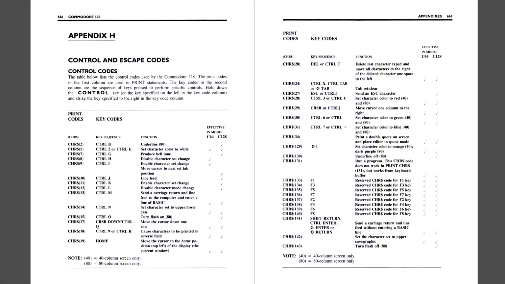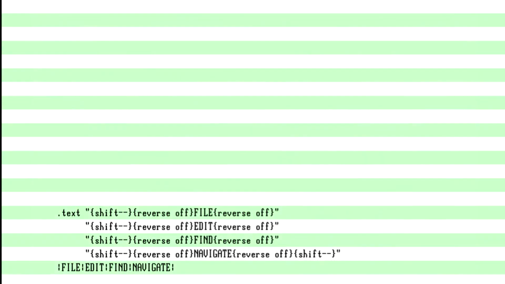I could have also changed the color, made it flash, or any combination. By encoding these as codes, I can just make the whole menu a single string. Shift minus is the vertical bar, then reverse off, string, reverse off, vertical bar, reverse off, etc.